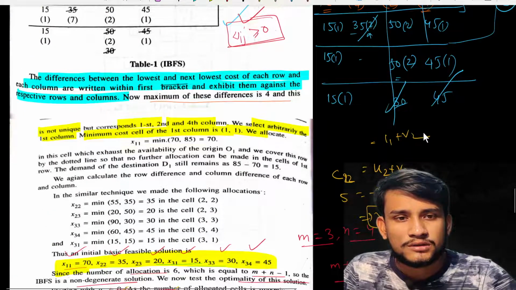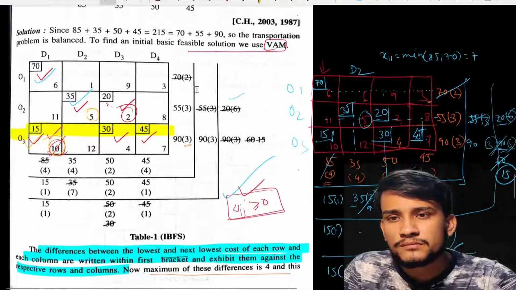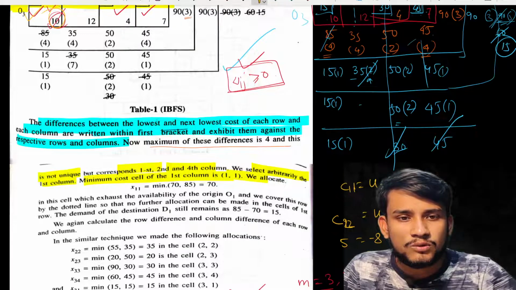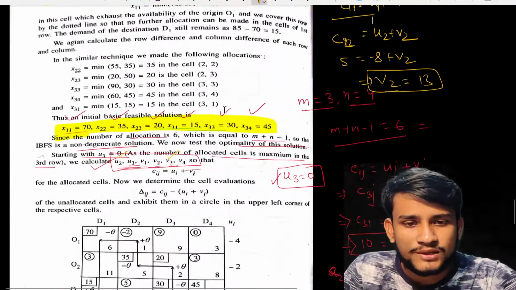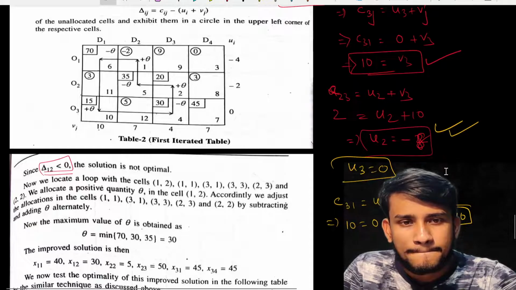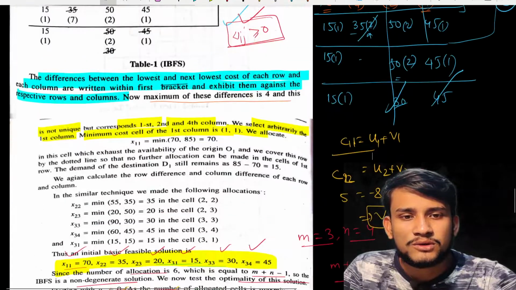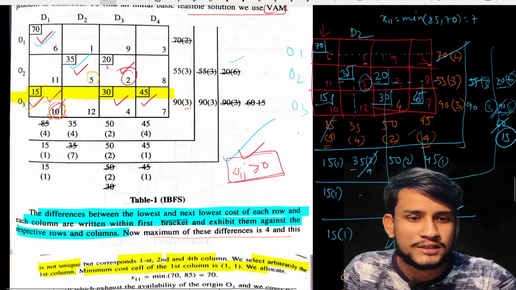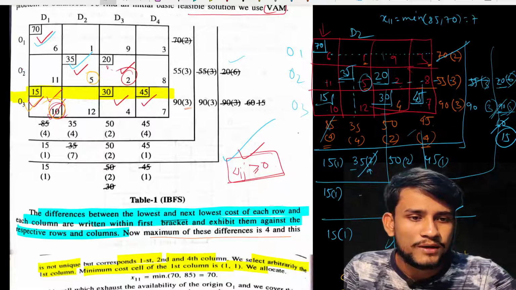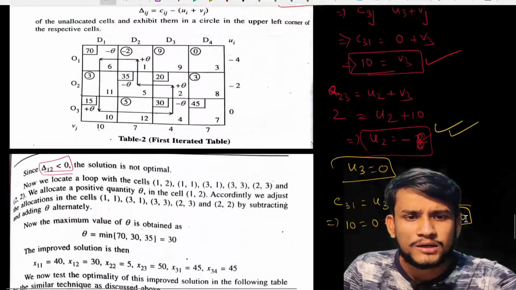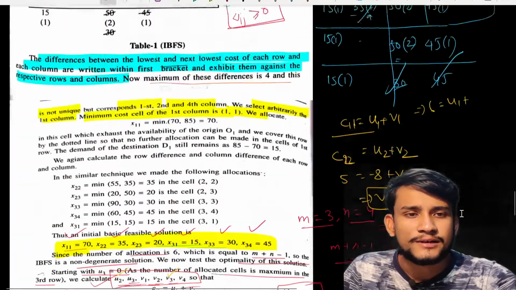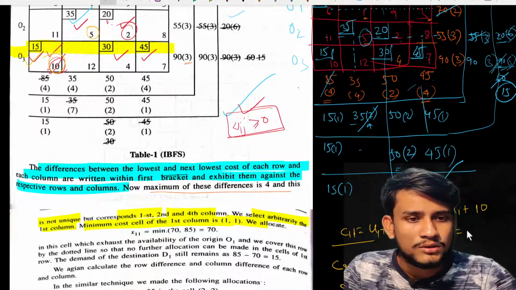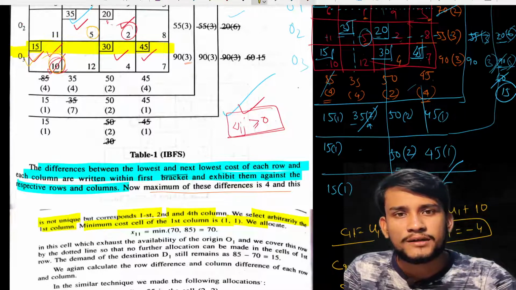So c11 means u1 plus v1, and the value of v1 is 10. The cost corresponding to cell 1 1 is 6. So 6 equals u1 plus 10. That means u1 equals minus 4. This we will get.